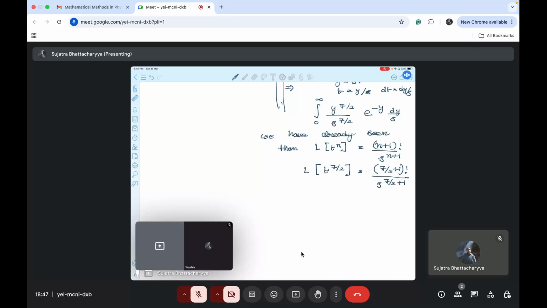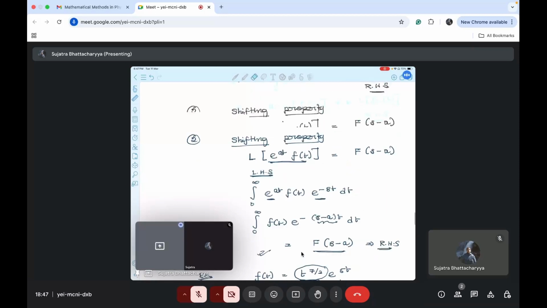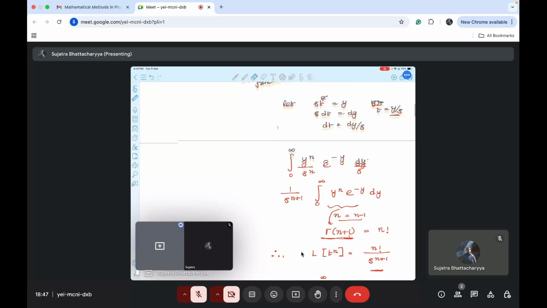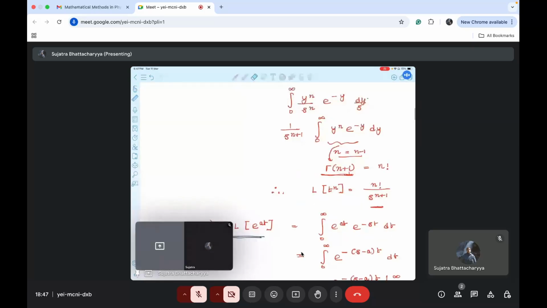You don't need to calculate. 7 by 2 plus 1 can be written as gamma of... I'm sorry, just let me show you where I am calling this from. Okay, this is n factorial upon s to the power n plus 1.